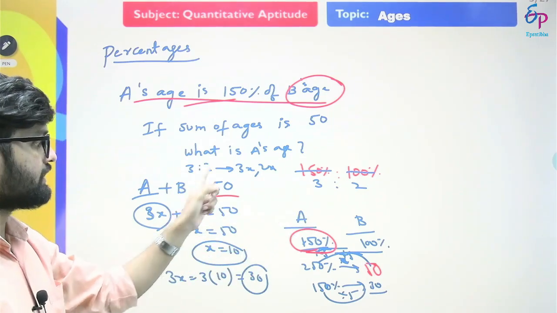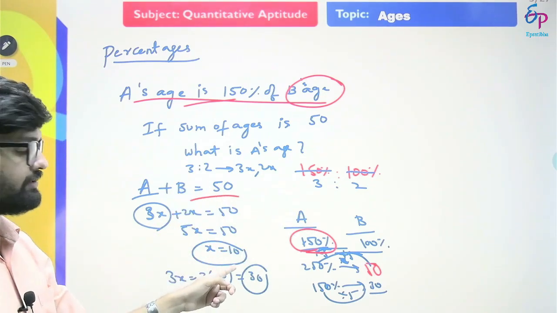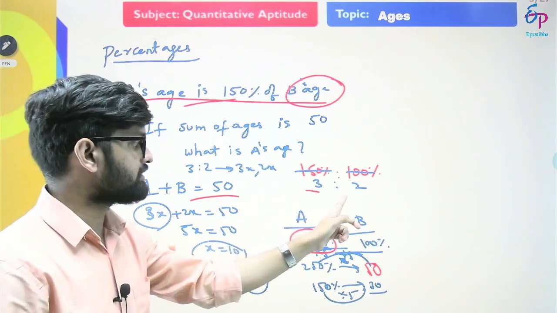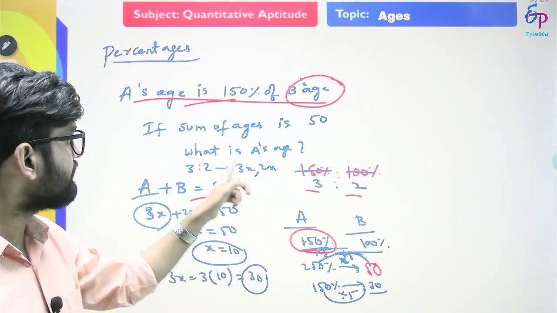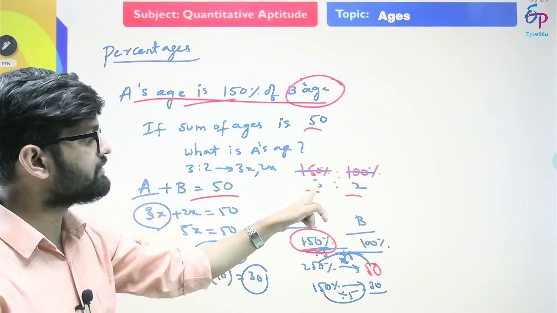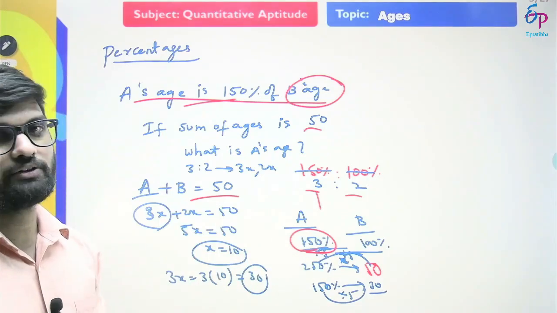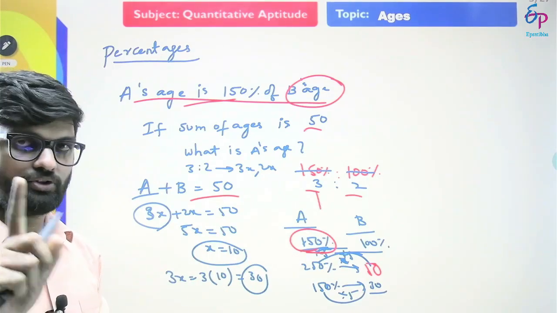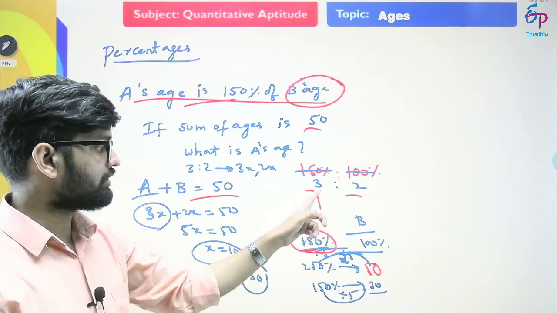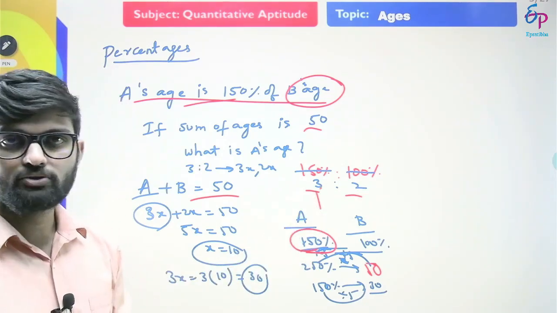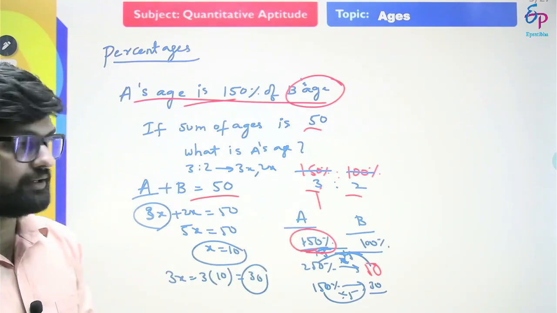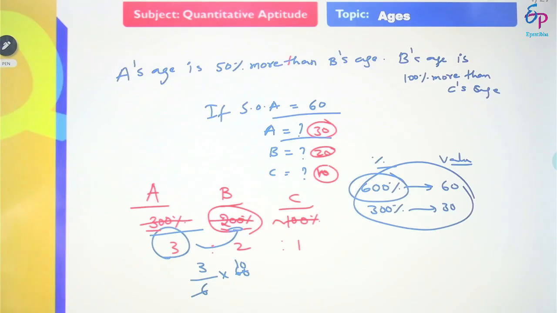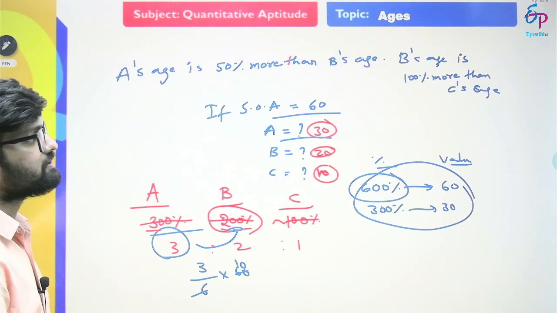You can write 3x and 2x, or 5x, so x is equal to 10, or you can write 3 parts and 2 parts, total 5 parts. 5 parts value is how much? 50. 5 parts value is 50 means 3 parts value is 30, 2 parts value is 20. 5 chocolates cost is 50 rupees, means 1 chocolate cost will be 10 rupees. 3 chocolates cost will be how much? 30 rupees. 2 chocolates cost will be how much? 20 rupees, like that.